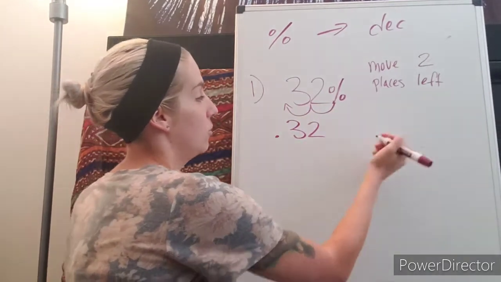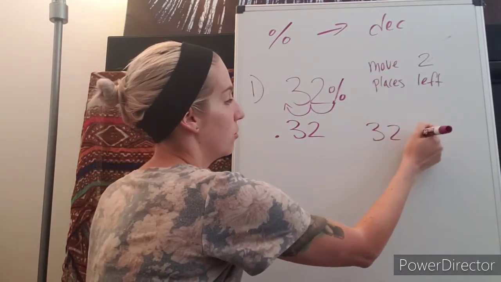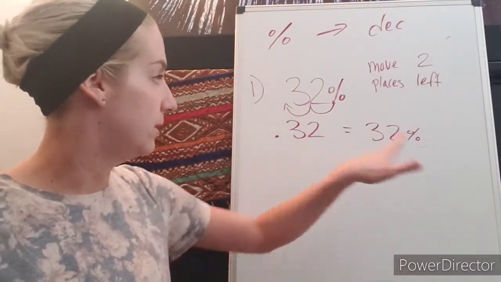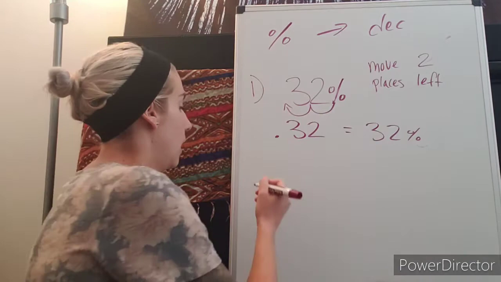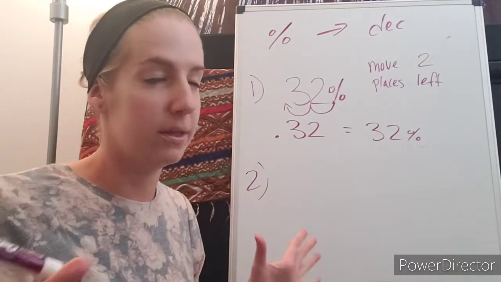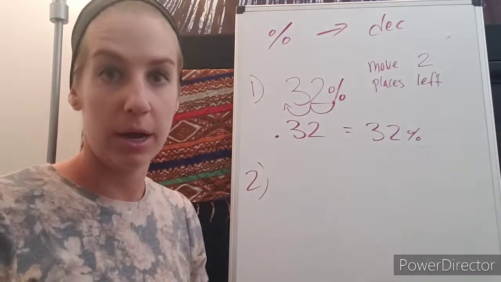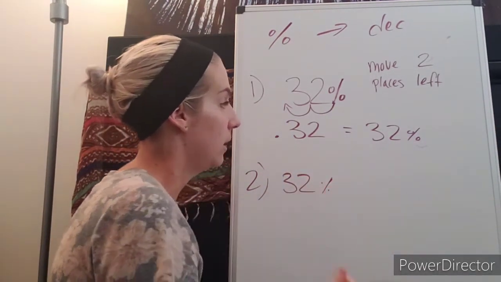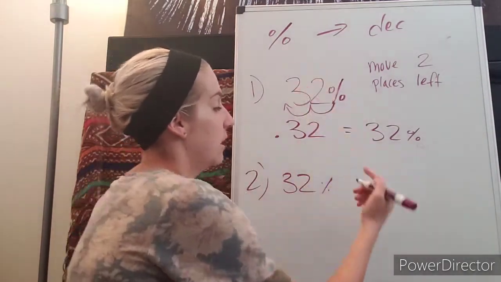So 0.32 and 32%, okay? These are the same thing, just written in different ways, okay? So that's how I can mentally do it. If you're like, Miss Forsty, the moving the decimal thing confuses me, that's okay, all right?